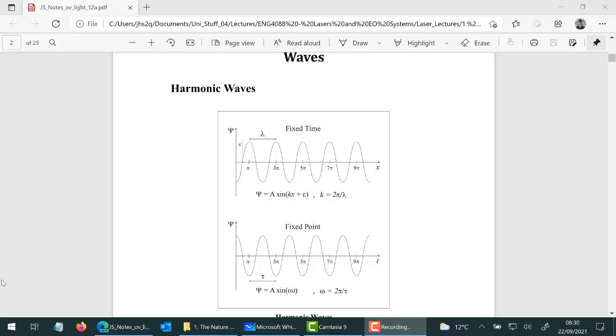So we can think about the wave as it's travelling through space and time, and if we take a snapshot of the wave, so it's fixed in time, at some fixed time, we've taken a kind of a flash photo, if you like, of the wave. Then we can look at its spatial qualities.